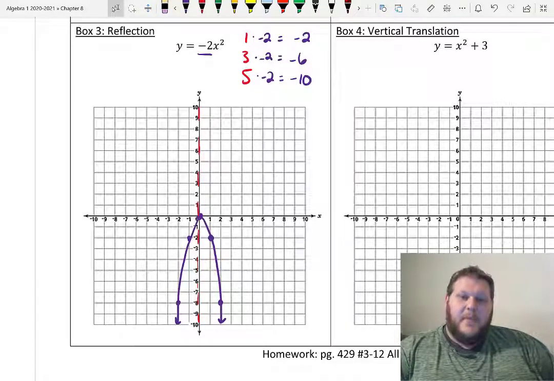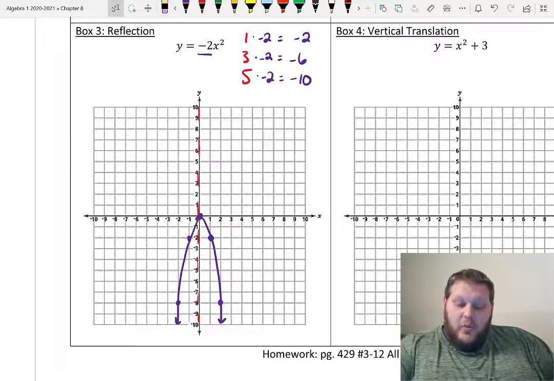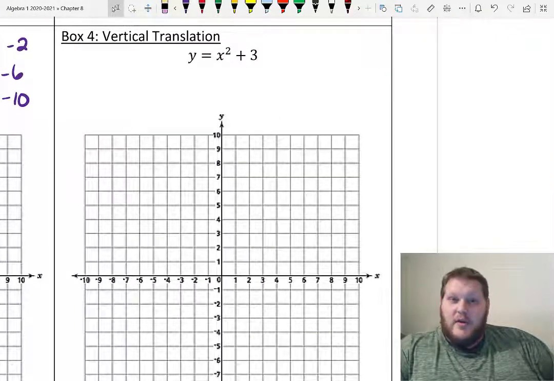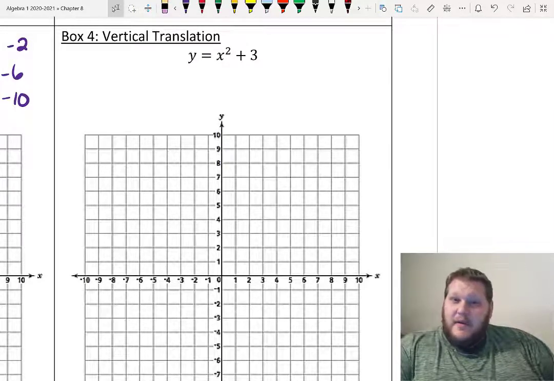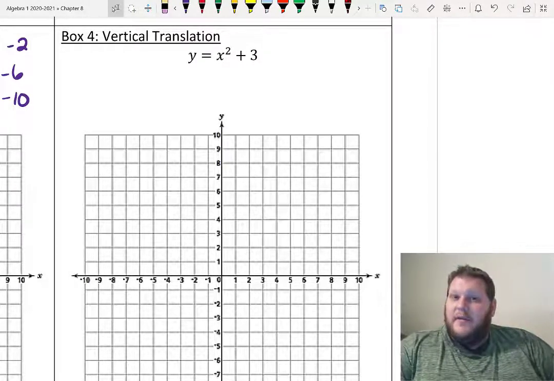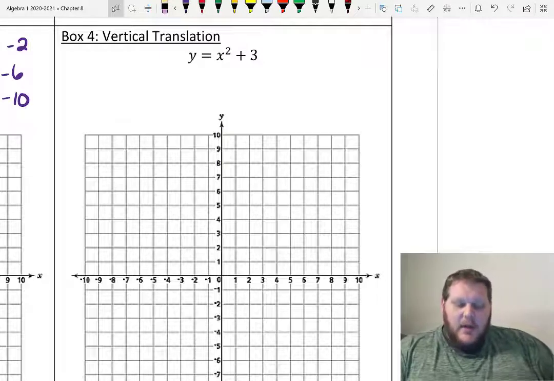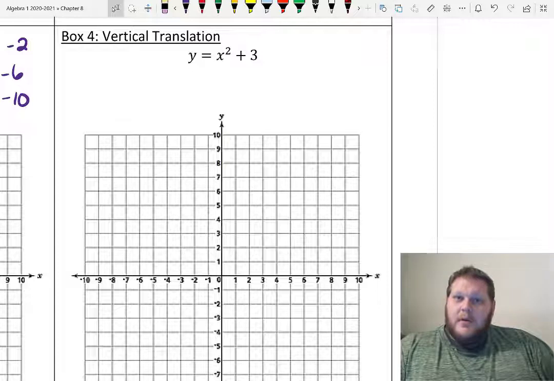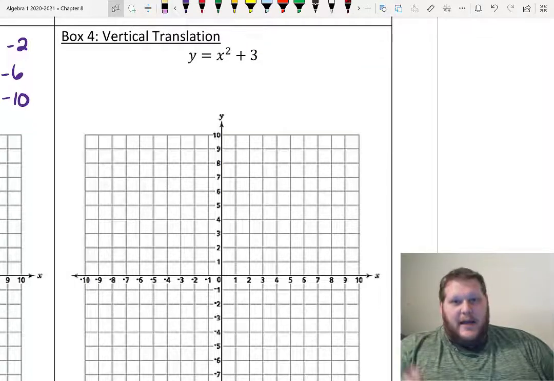Okay. So the one exception to our rule, which I don't remember off the top of my head whether you have one of these on the homework, we'll be able to handle these using different skills moving forward once we look at the different forms an equation can take on. But as soon as you have anything that's added or subtracted in my equation, all that does is move my vertex up and down.